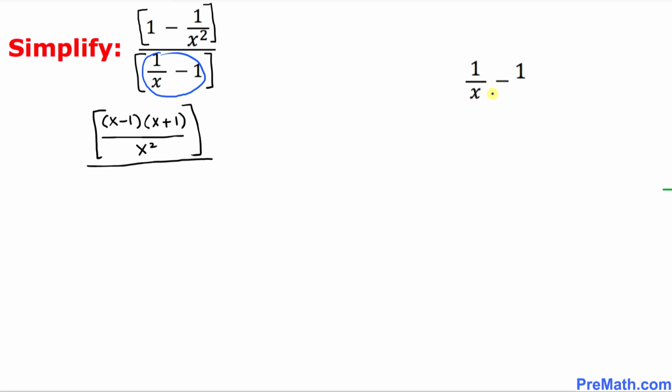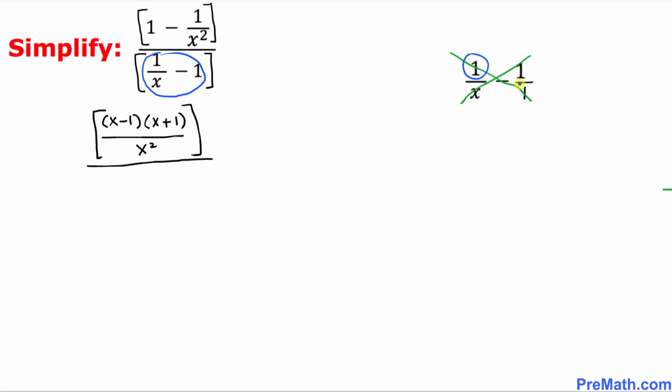And this 1 over x minus 1 could be written as 1 over 1. So we have a difference of two fractions. Once again, we are going to subtract these two fractions by using the crisscross method. Let's go ahead and cross multiply that one.